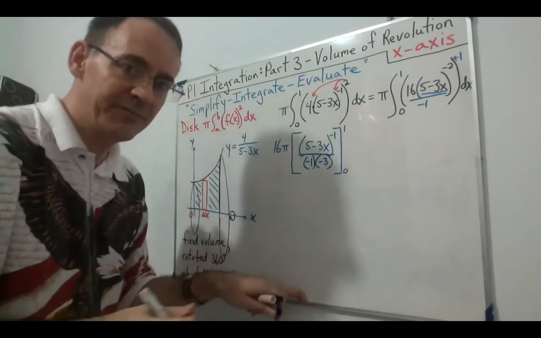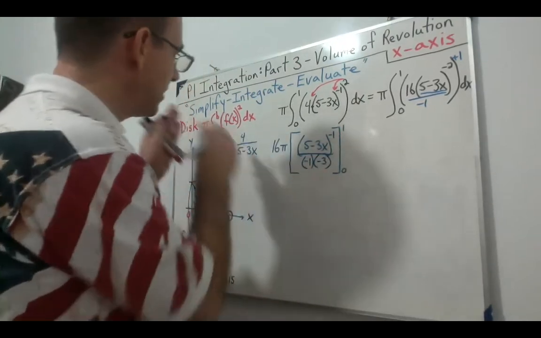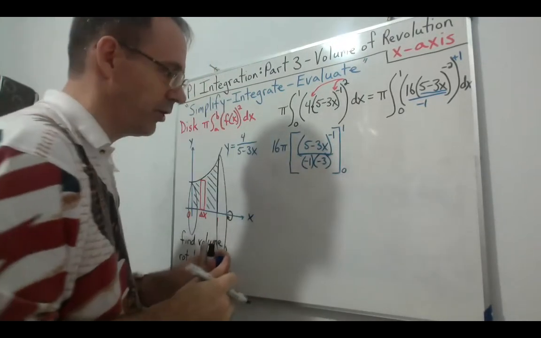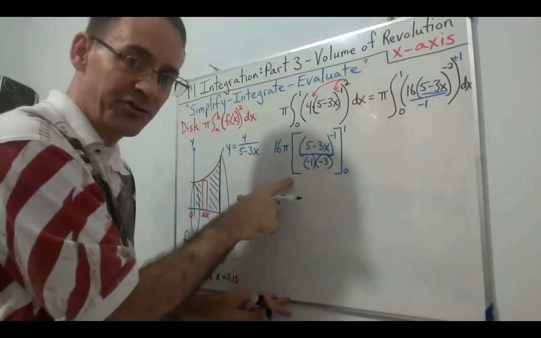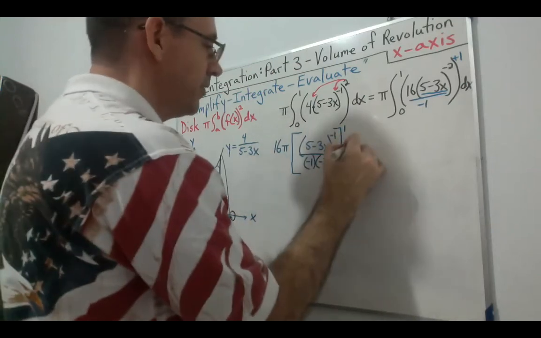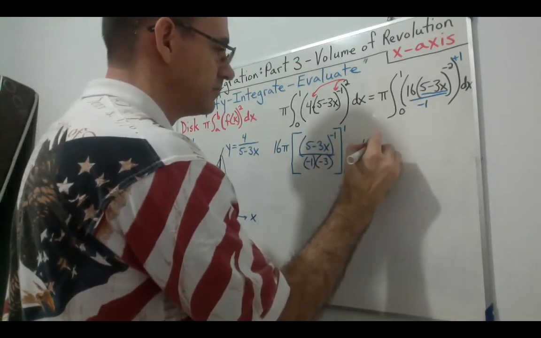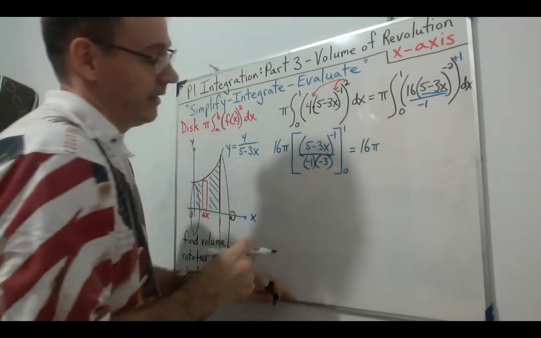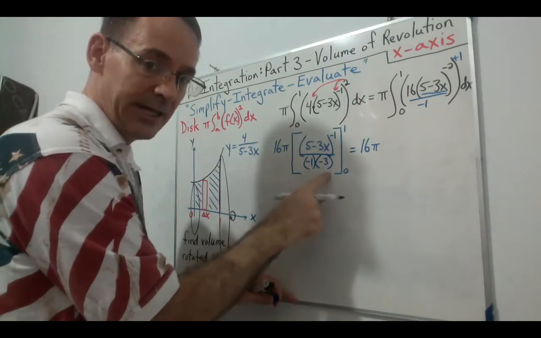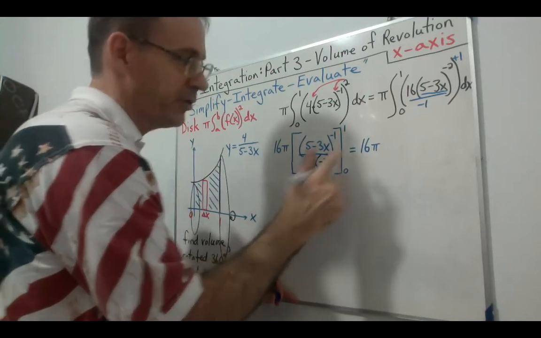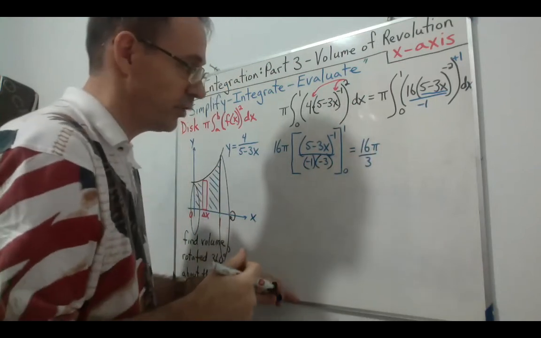But before we evaluate it, let's clean it up a little bit. So you kind of need to simplify as you go, but we have already integrated, which is why our integral sign is gone. So this becomes 16 pi. And actually this +3, -1 times -3, could also come out front, again, because it's a coefficient.